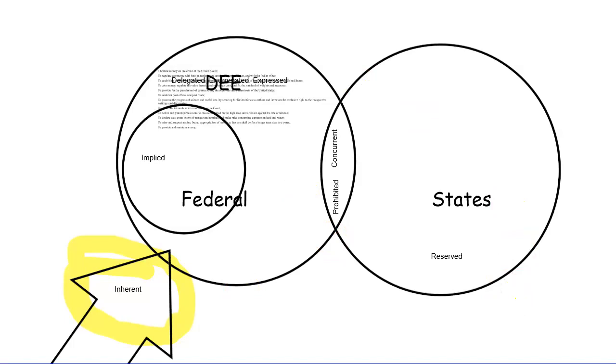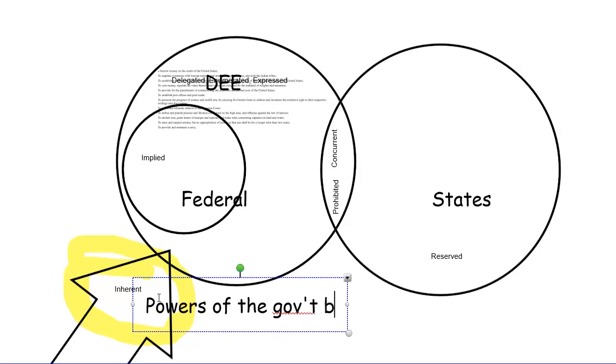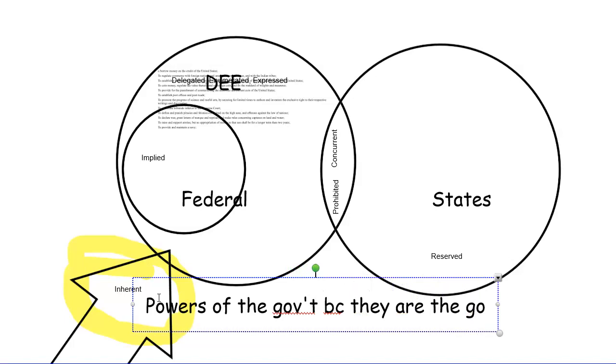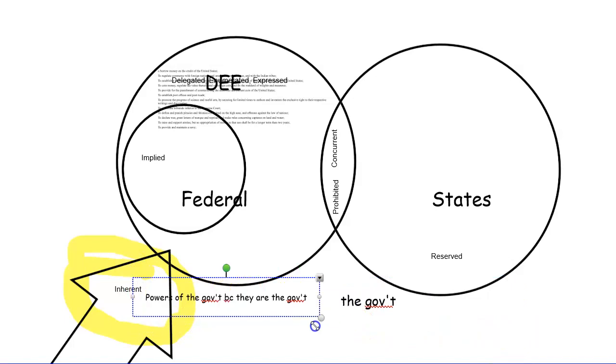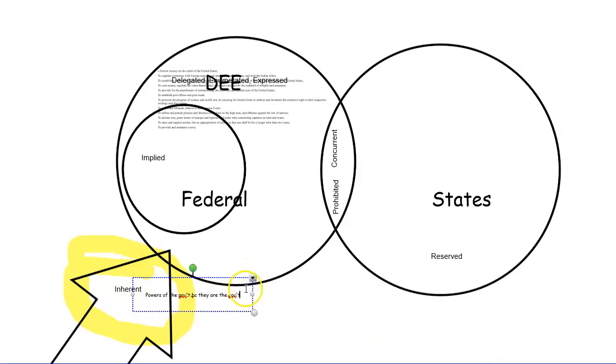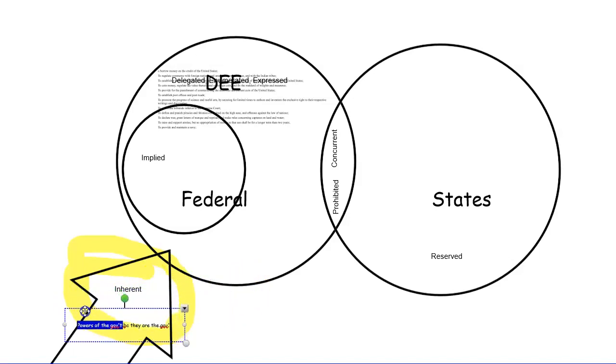If I say powers of the government, because they are the government, that might even be more confusing. But that is the definition of inherent powers: powers that the federal government has because they are the federal government.